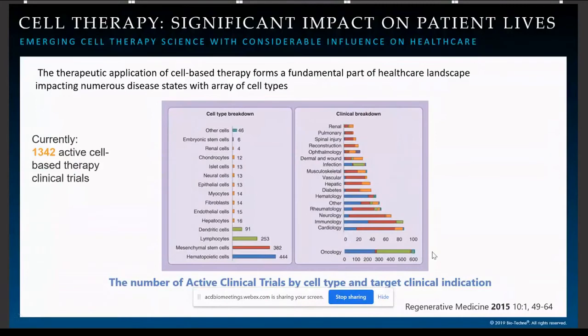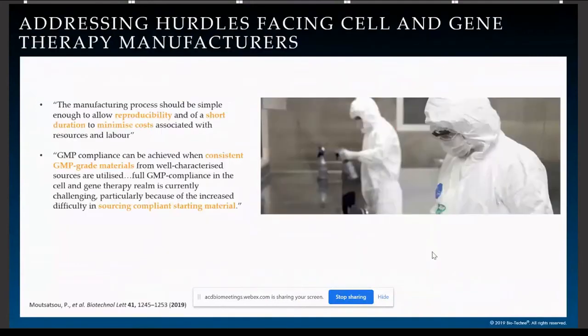But the breadth of this space really shows the need for robust and strong cell and gene therapy processes, and with that, the manufacturing processes and all of the different reagents and tools that go along with that.